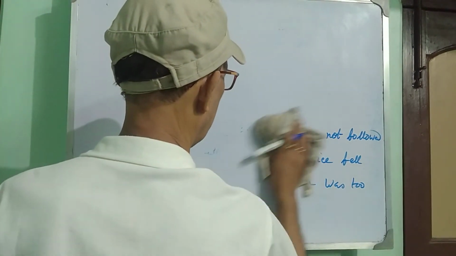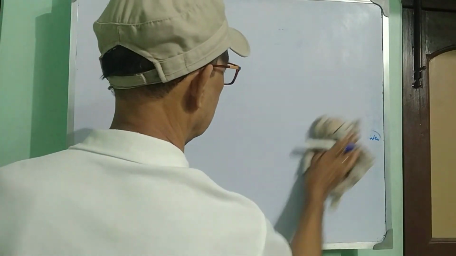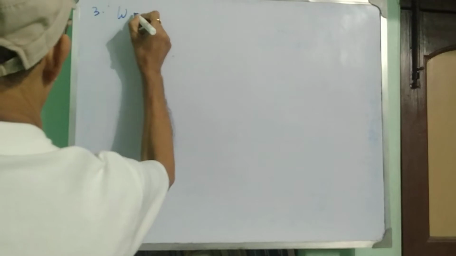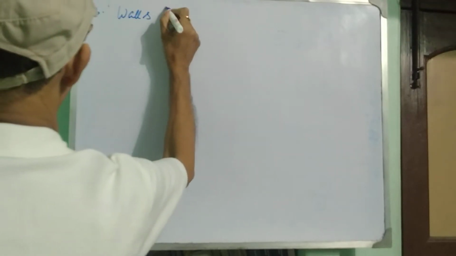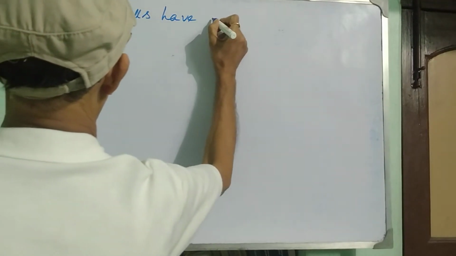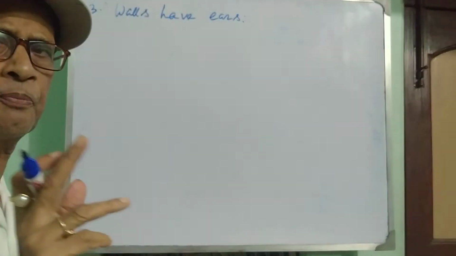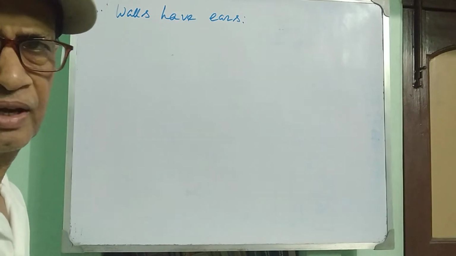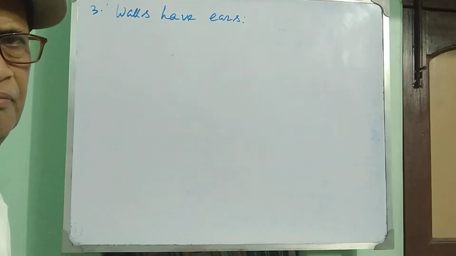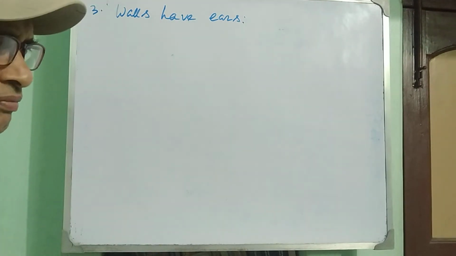Now let us come to the third example. It is also a very good idiomatic expression. Walls have ears. It is actually a proverb. It is actually a saying, but it is an idiomatic expression.